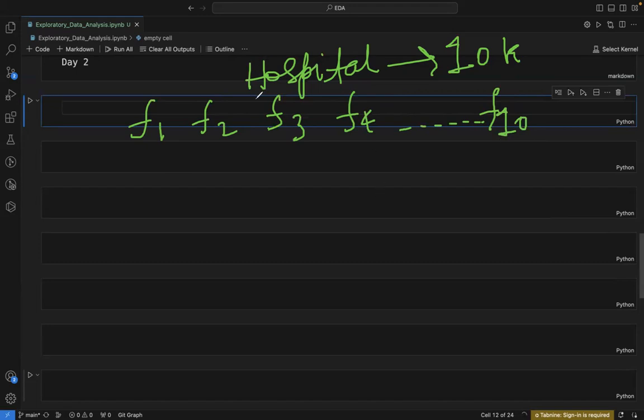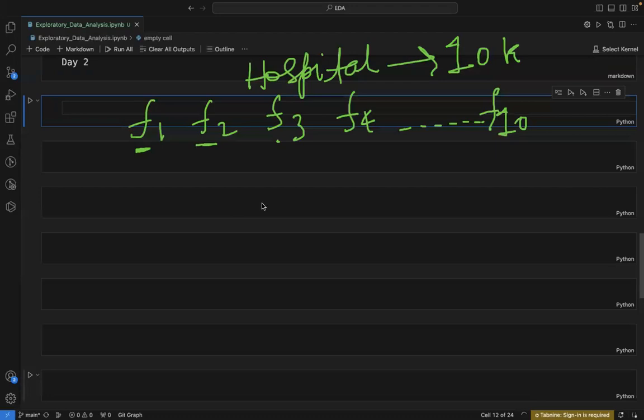Each of these features could be the results of some medical tests, some medical examination, or maybe a doctor's prescription. So it could be a lot of features, but let's assume we have 10 features for each patient, F1 till F10.